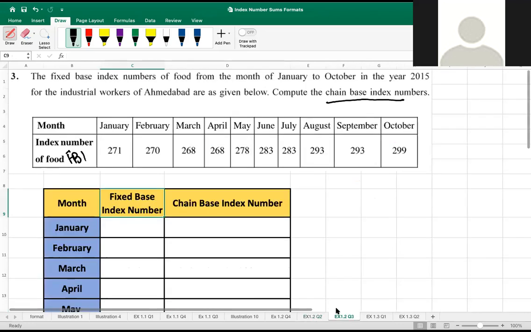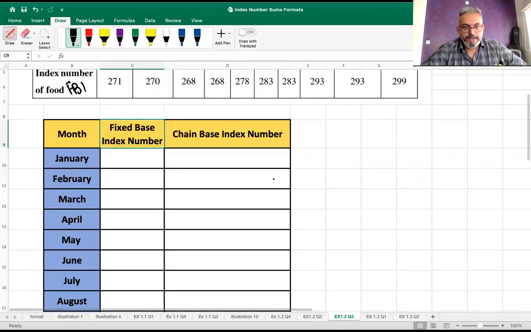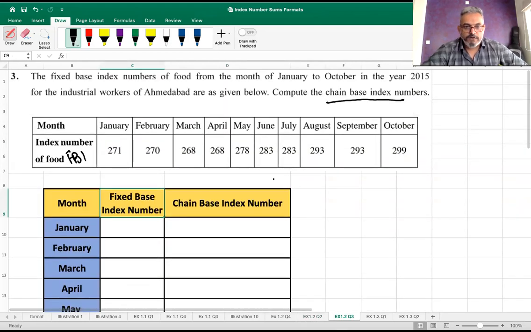Okay, done. Okay, now make the format for this sum, question number 3.